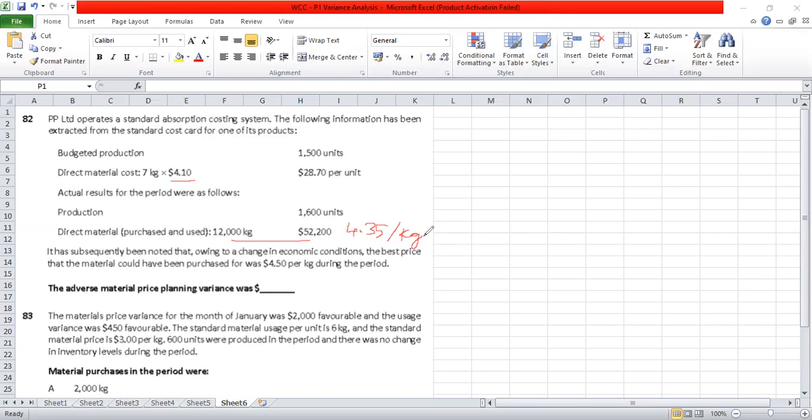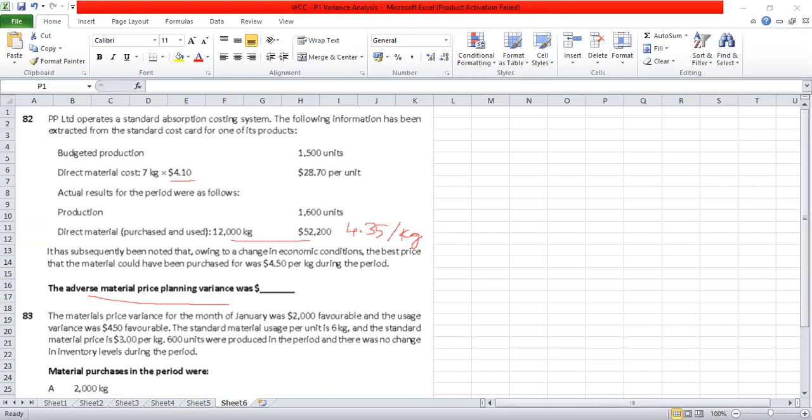But is it adverse in terms of operational variance? It is adverse in terms of not being able to plan appropriately. They should have taken it at 4.50. So now, what is the planning variance? The planning variance is what we have to talk about.